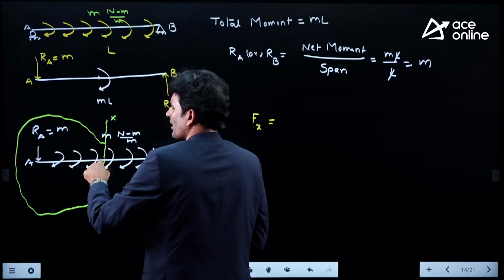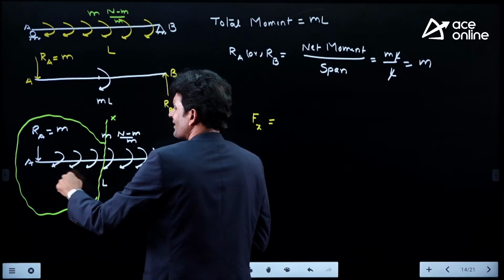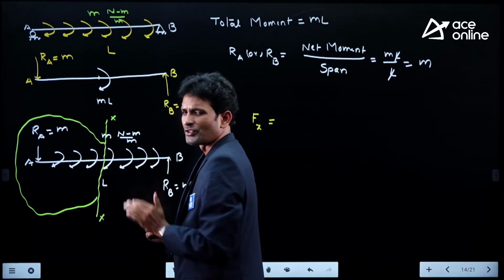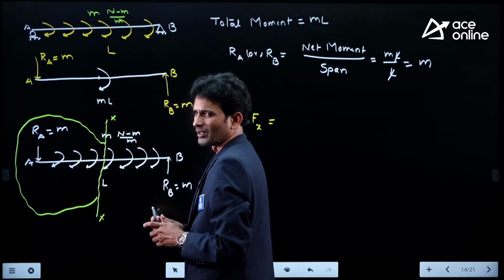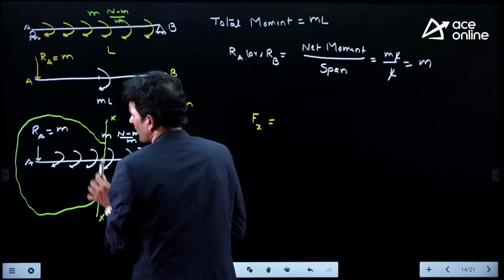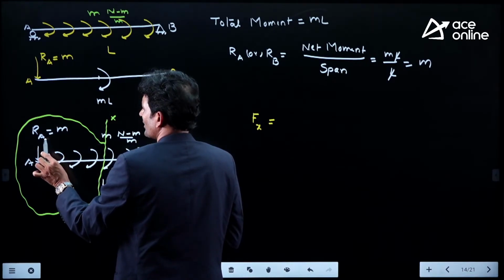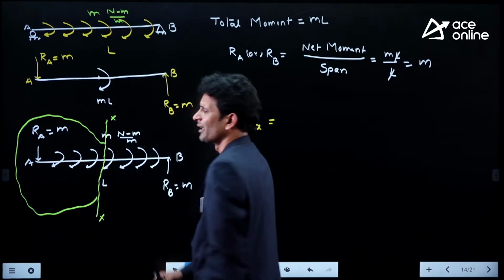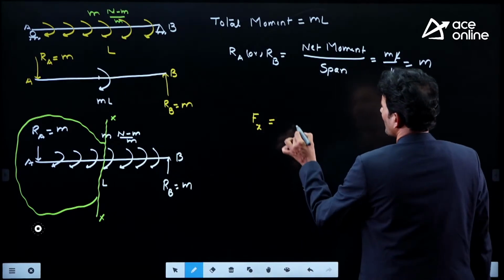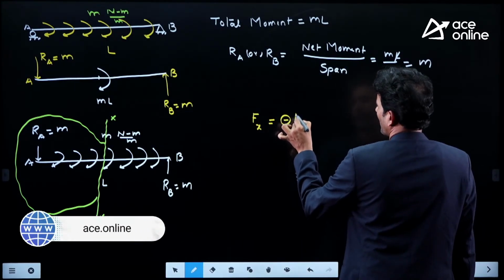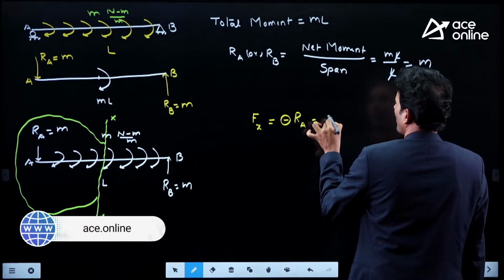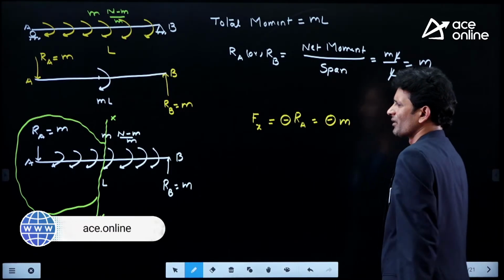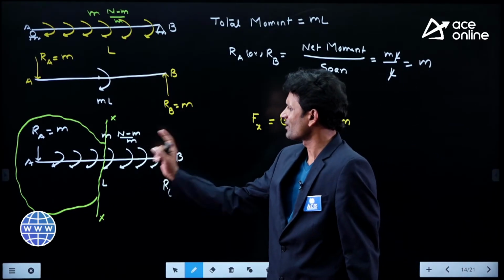When we are doing the analysis for shear force, we should not consider the concentrated moment. Simply we are ignoring the effect of concentrated moments. If I take this one, only one force is acting, RA, in the downward direction. As per our sign convention, this is minus M, that is the shear force acting at our section.